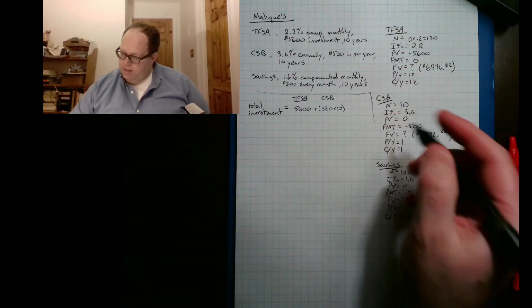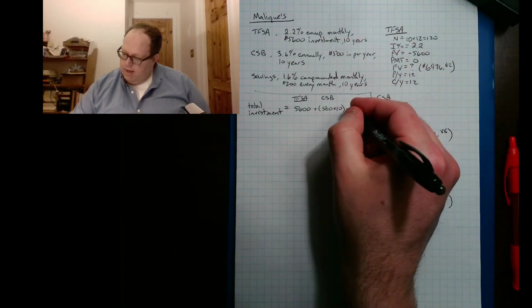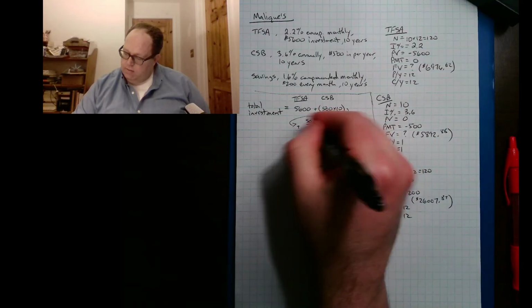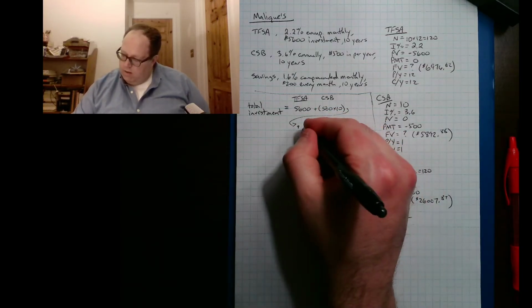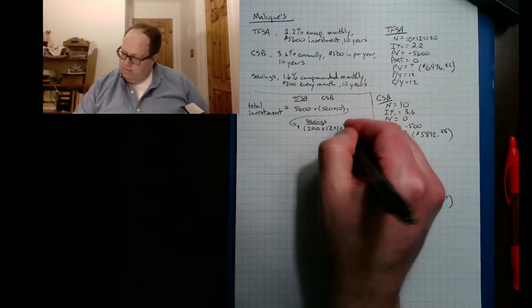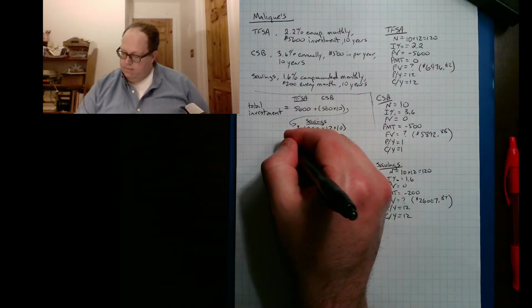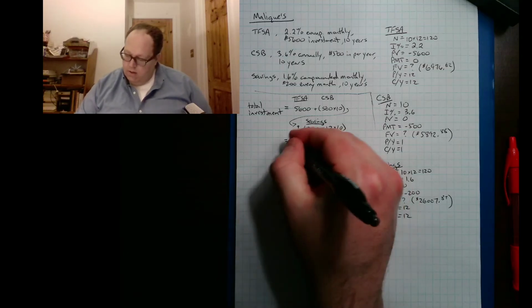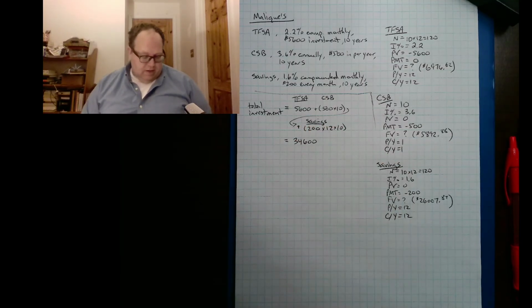And from the savings, $200 monthly for 10 years. So working that out, 5,600 plus 500 times 10 plus 200 times 12 times 10 is $34,600, which was exactly what Malik invested.